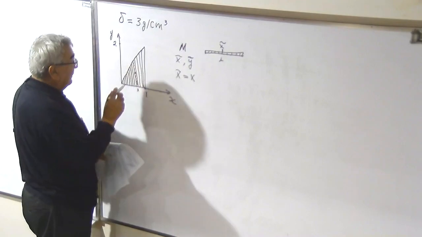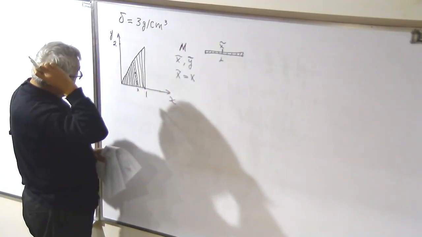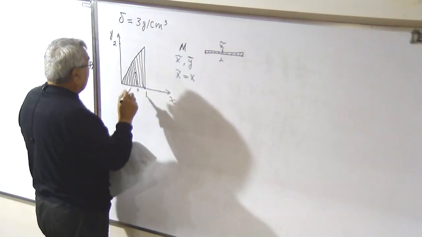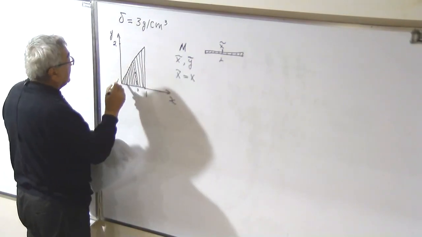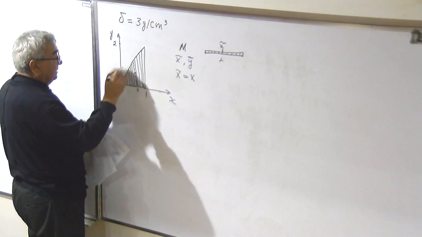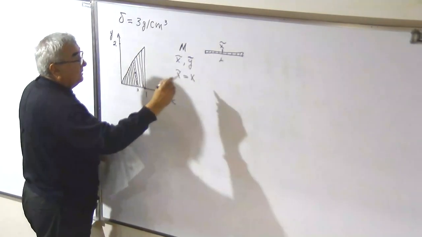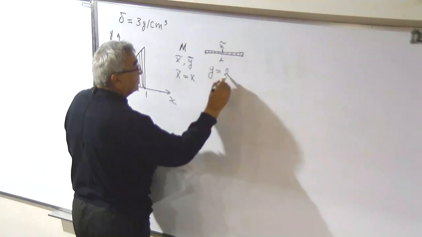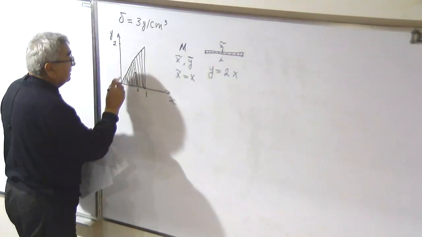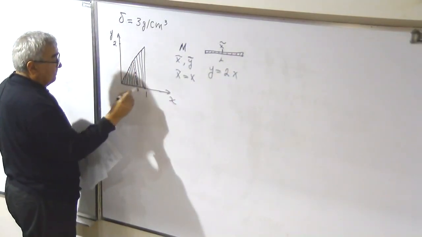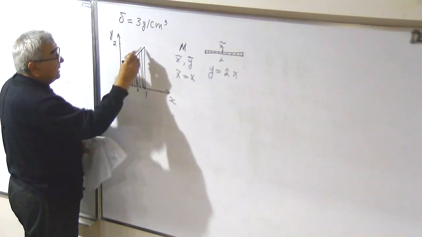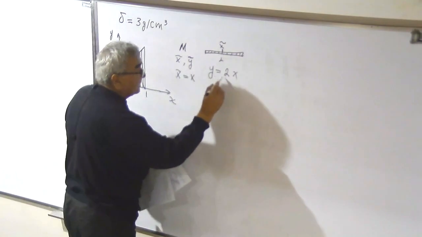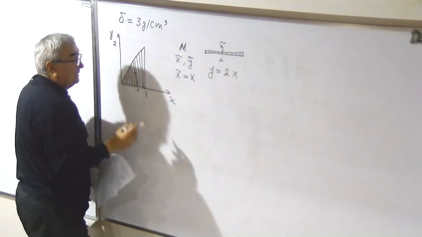How can we find its coordinate in this case? The function which defines this line is y equal to 2x, because when x equals 1, y will be equal to 2. Therefore, this function defines this line.